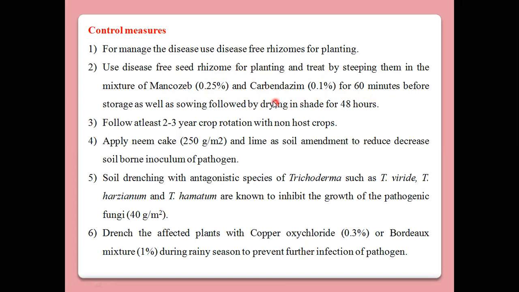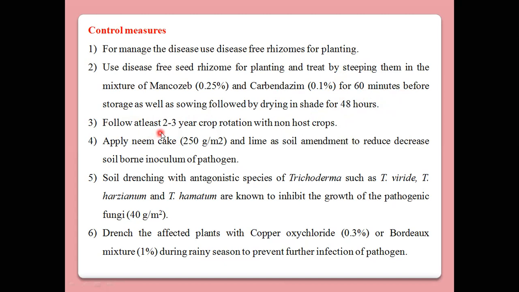This treatment is generally done after the harvest of the rhizome in the main fields, because rhizome rot symptoms are also seen on the rhizomes in storage. So to avoid rotting symptoms in storage conditions, immediately harvested rhizomes are generally dipped in carbendazim solution for 1 hour.